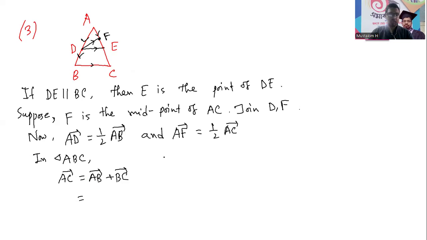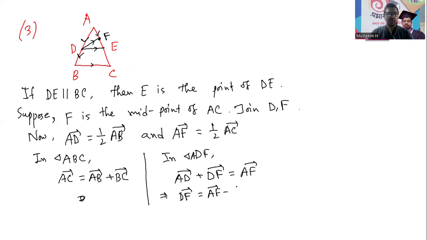And in triangle ADF, AD vector plus DF vector equals AF vector. So DF vector equals AF minus AD vector, which we can write as half of AC minus half of AB, equal to half of AC minus AB.